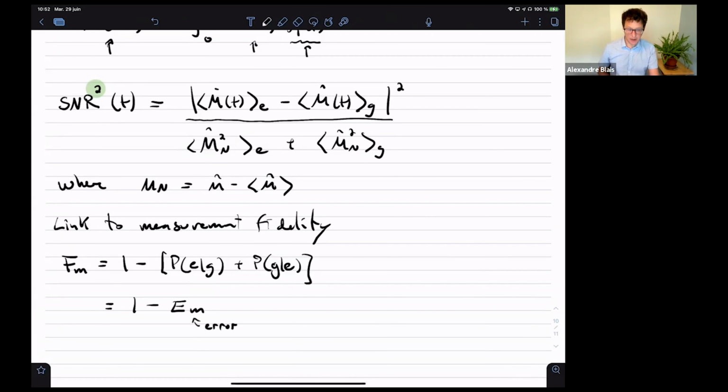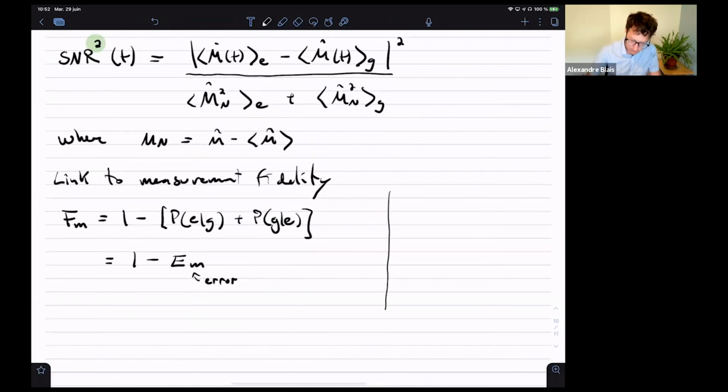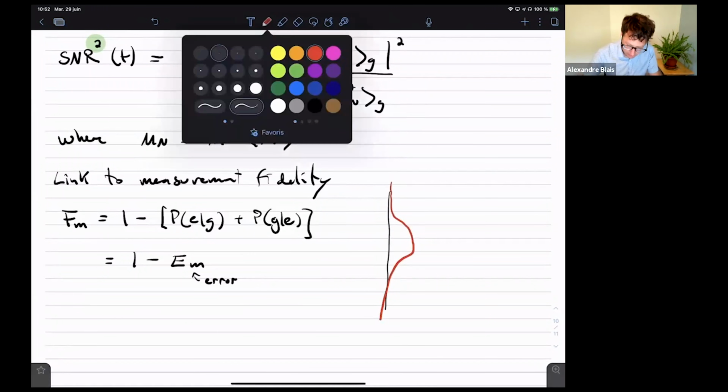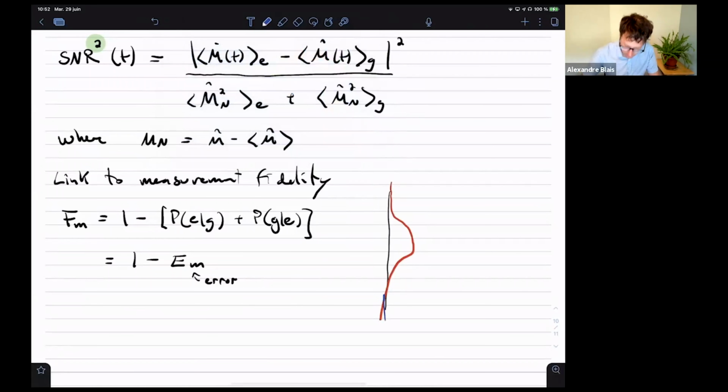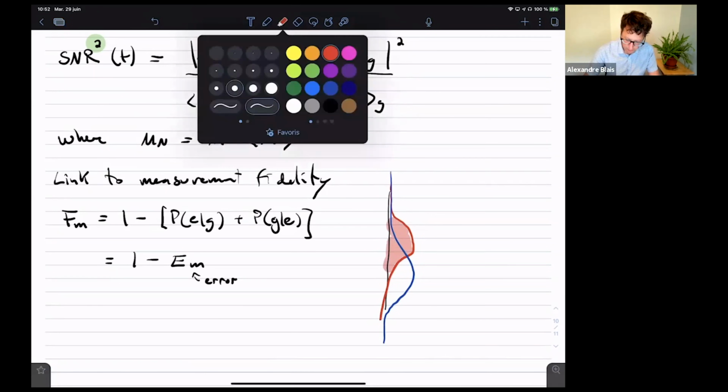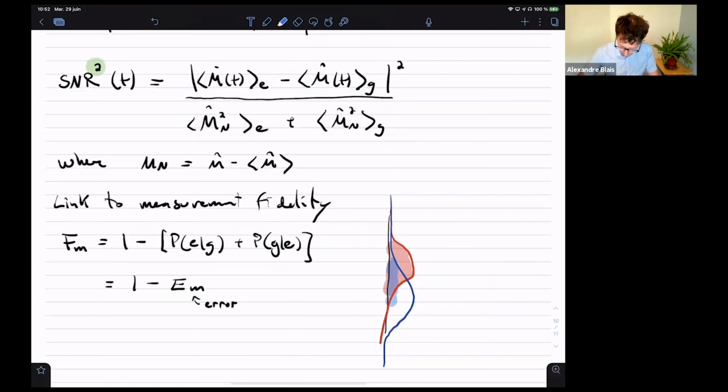And if you think about it, this error is nothing more than the following thing. Remember, we have our two marginals, which I'll draw bigger than before to illustrate my point. Okay, so there's the red marginal and the blue marginal, and I drew them a little bit closer for a reason that will be obvious.